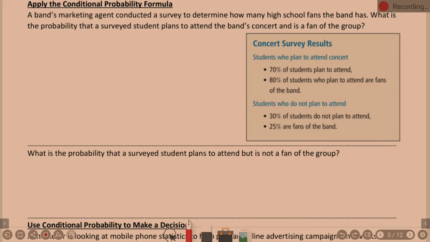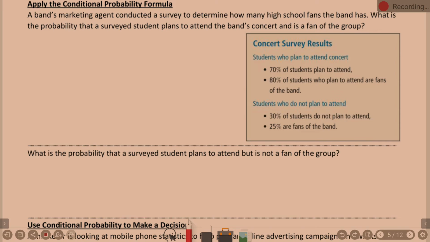Now, with that in mind, we're not talking about A and B, we're talking about what? Attending and fans, yes? So ultimately, when it talks about attending and fans, we're talking about the probability that a student is a fan given they are attending the concert. That's ultimately the question we're going for here.